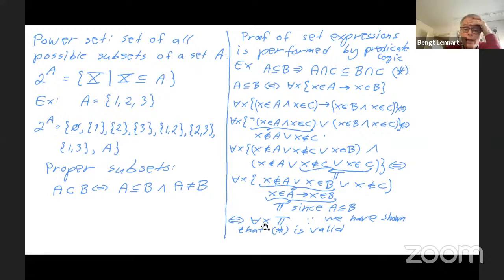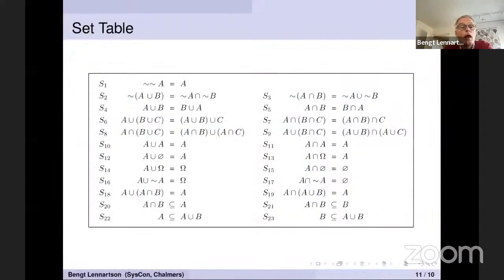So for all X, I have shown a tautology, and that means that we have shown this expression up here. Okay. Not too complicated, but you have to be a little bit careful. And by this, we have used predicate logic to show set expressions.